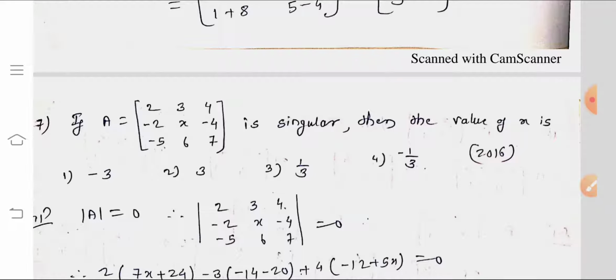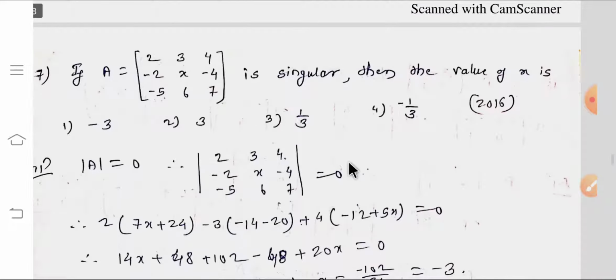Determinant of A equal to 0 means we expand this determinant: 2 into the determinant neglecting the row and column, that is x into 7 is 7x, minus 1 into 1 is minus, and the middle term comes positive, that is plus 24. Minus 3 into (-14 minus 20), because both are negative the middle sign comes negative, plus 4 into (-2 minus 12), plus 5x equal to 0.